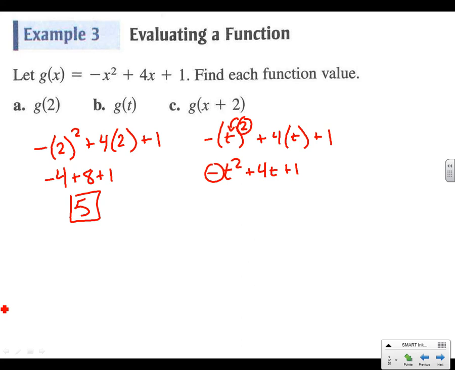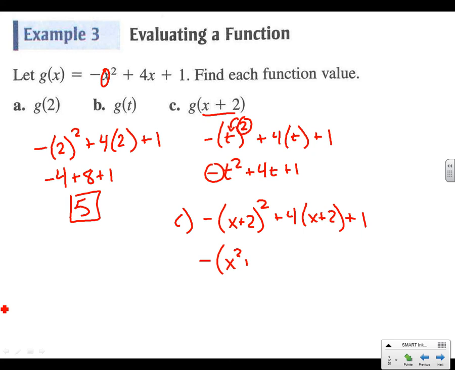And the last one here gets a little trickier on c. So we've got negative x plus 2 squared plus 4 times x plus 2 plus 1. So notice this is in our parentheses. That's what we're plugging in everywhere we see x. So we're going to have to FOIL this first. Negative x squared plus 4x plus 4, plus 4x plus 8 plus 1.